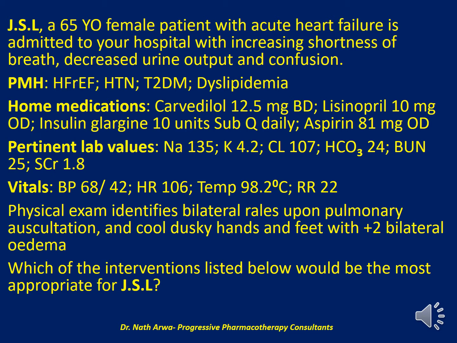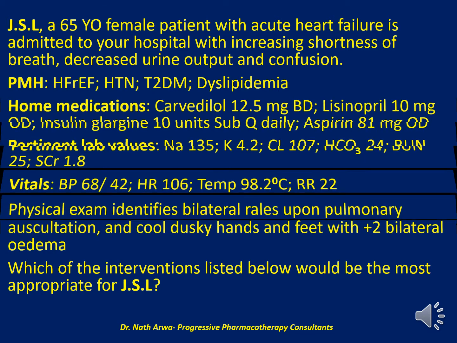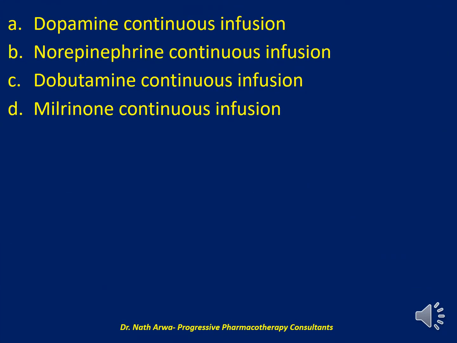So my question to you is, which of the interventions listed below would be the most appropriate for patient JSL? Would you administer dopamine via continuous infusion, or norepinephrine via continuous infusion, or dobutamine via continuous infusion, or milrinone via continuous infusion? I'll give you 10 seconds to choose the correct answer.